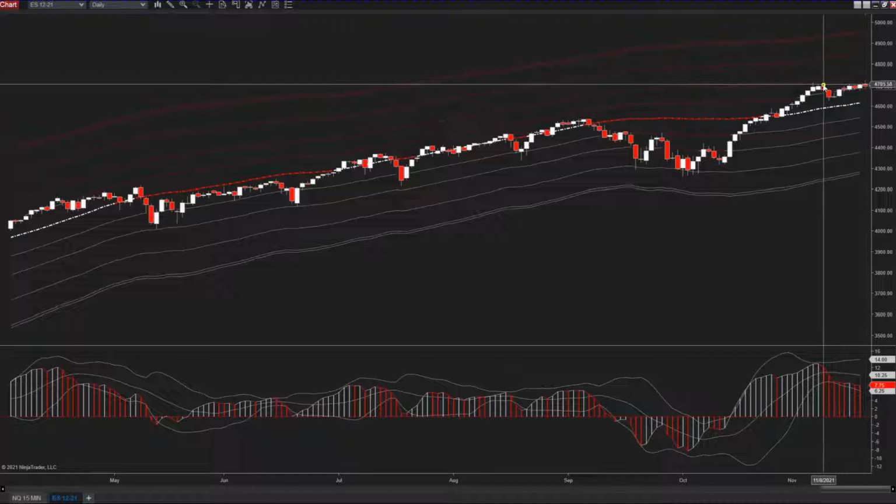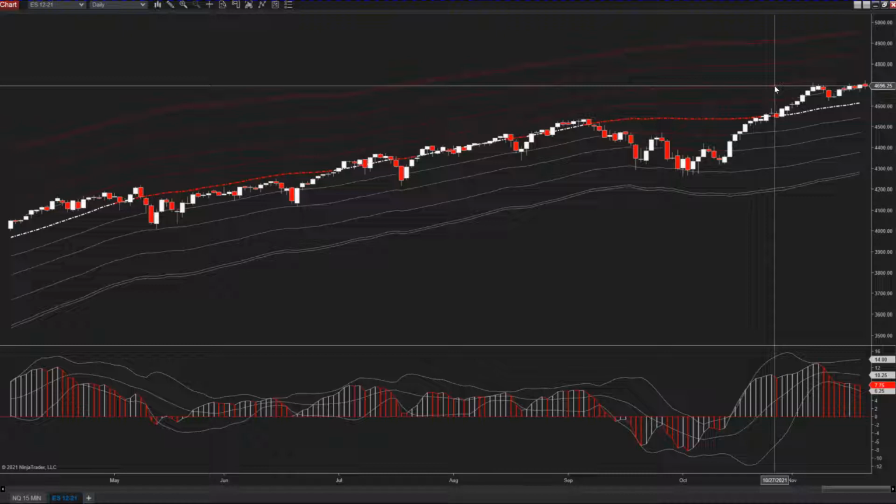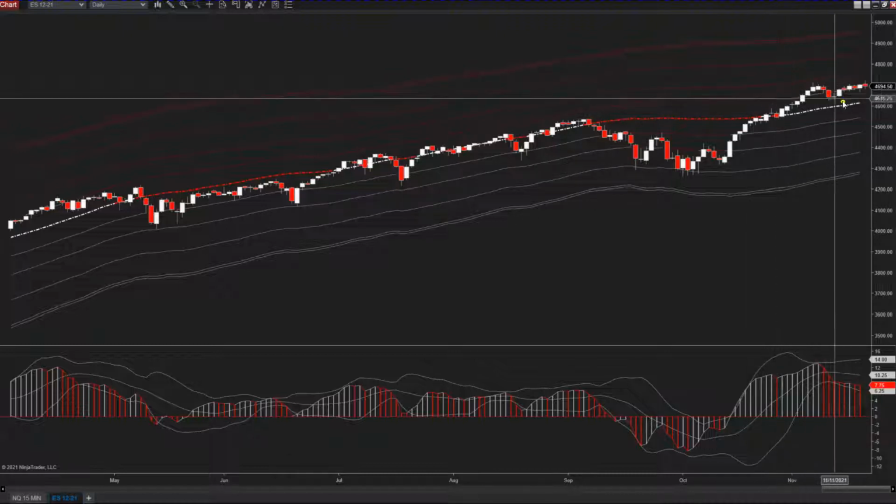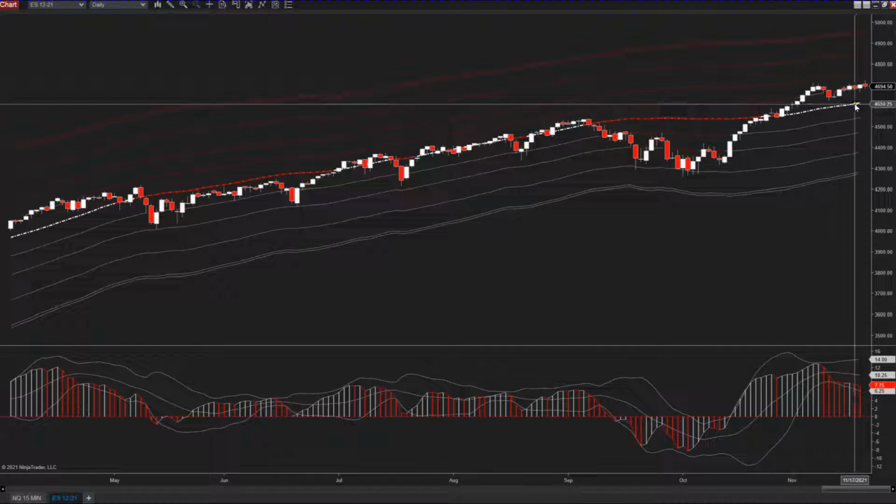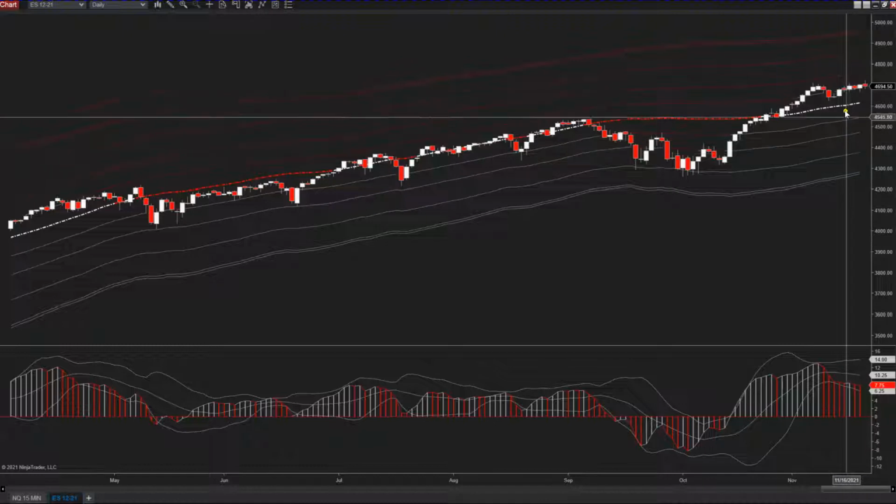And you see the double top here. So I would be expecting to see this come back to the trend line at the very least, if not further.